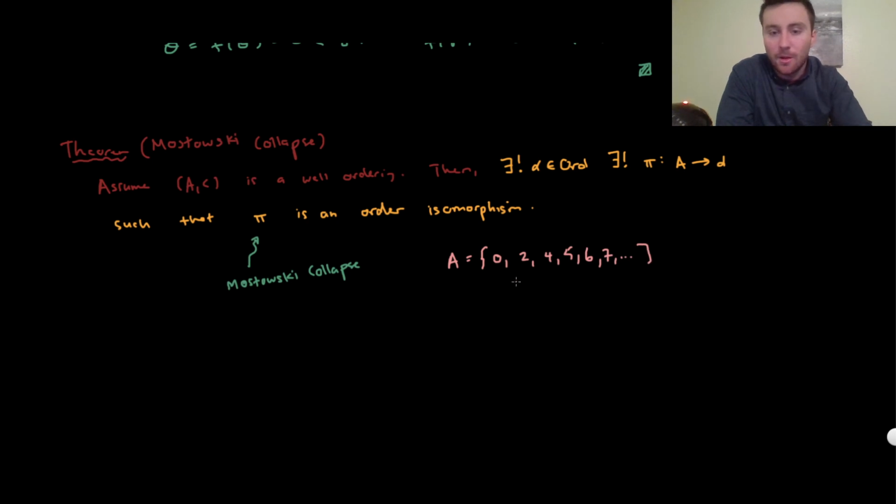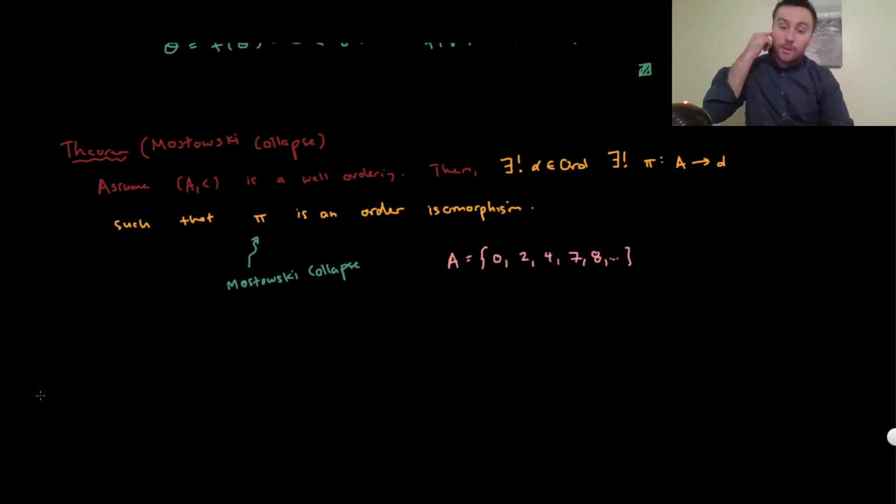So it's all of the natural numbers except we're getting rid of 1 and 3. Maybe we'll get rid of 5 and 6 as well. So maybe it'll be this: 0, 2, 4, 7, 8, and it goes on like this.